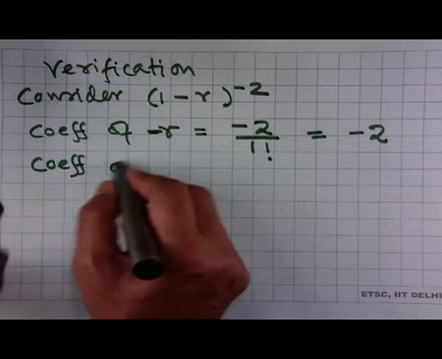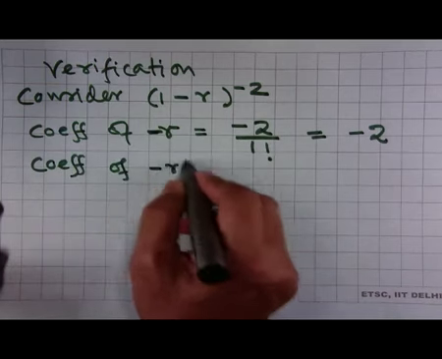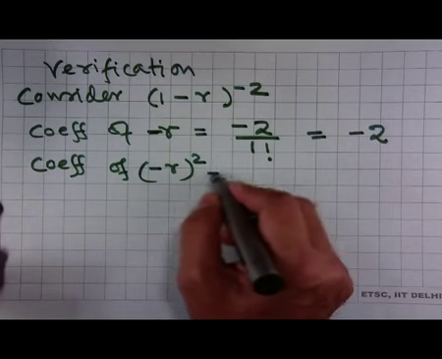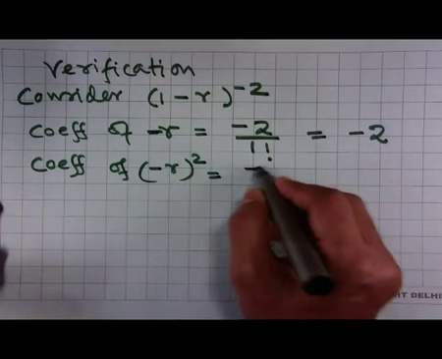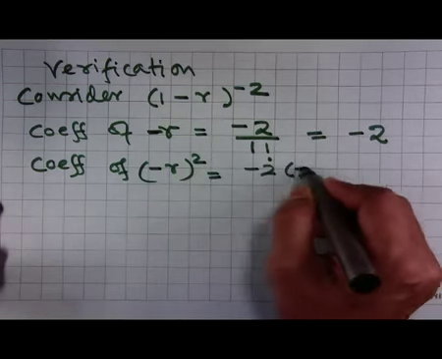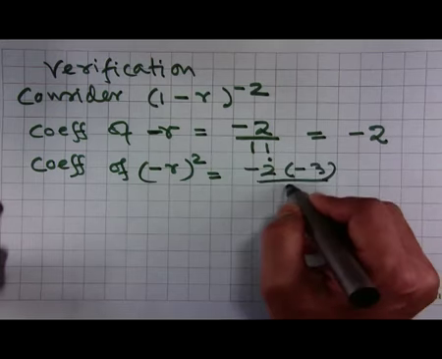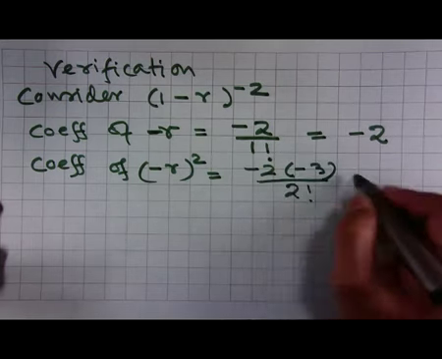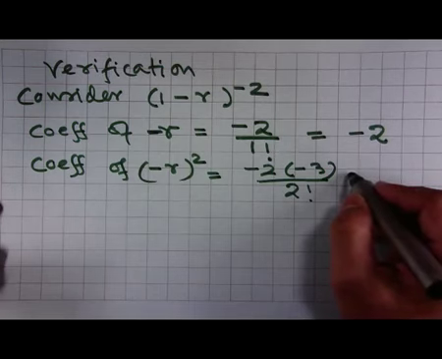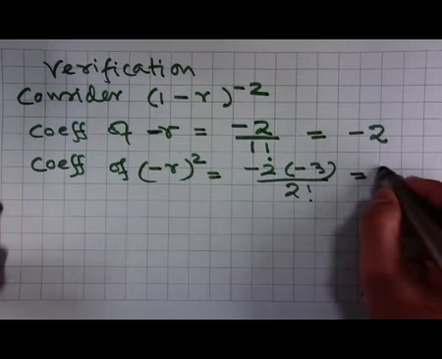Coefficient of minus r square is equal to minus 2 into minus 3 upon 2 factorial, which is equal to 3.